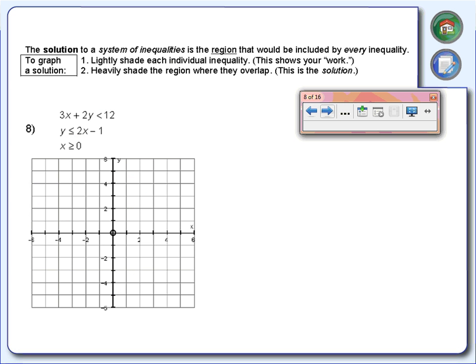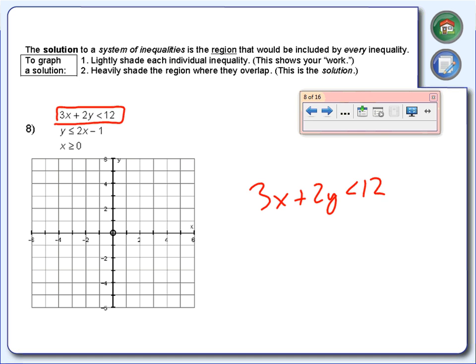Same thing on number 8 here. We're going to have three inequalities again. Of course, that first one is not in slope-intercept form, so I'm going to have to do a little work here. I'm going to take that first inequality and get it into slope-intercept form. So I'm going to start by subtracting the 3x.